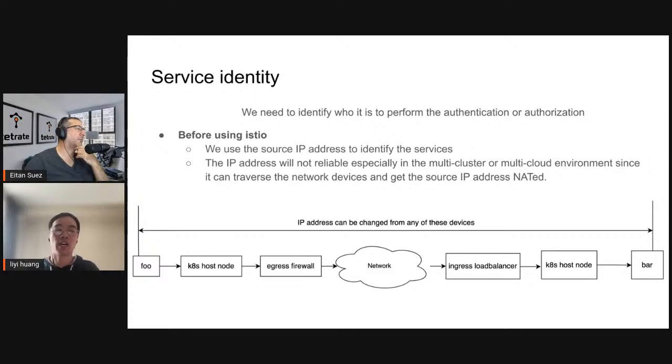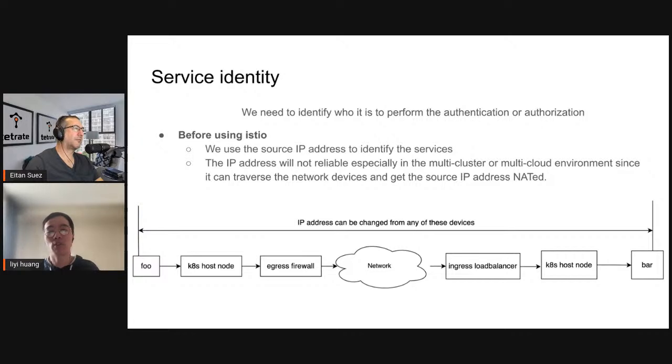For example, if you have an overlay CNI configured in your Kubernetes environment, for the outgoing traffic the source IP address of the pod is gonna be NATed. And if you have an egress firewall, that IP can also be NATed. And that's just for outgoing. For the ingress, it's the same.